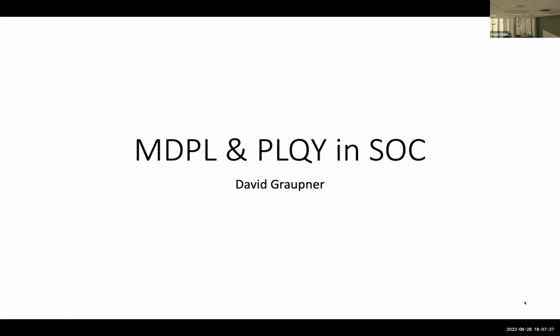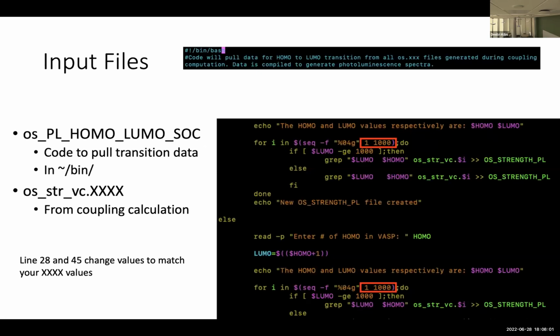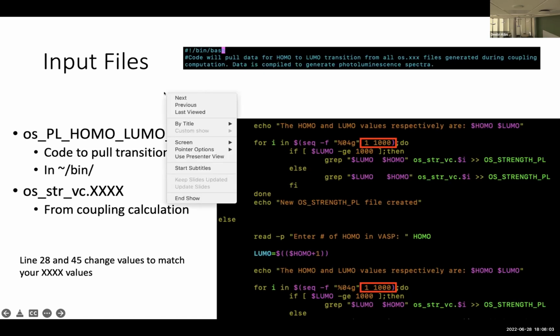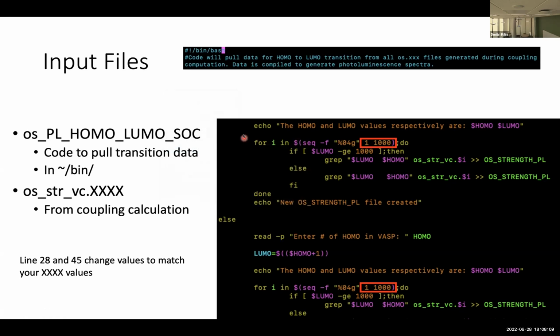Okay, floor is yours. So I am going to talk about two more observables we can examine in our calculations: MDPL, which is the molecular dynamics photoluminescence, and photoluminescence quantum yield. We're going to start with MDPL. With your spin orbit calculation, there is a code in the bin on NERSC, which is modified from code of Human.